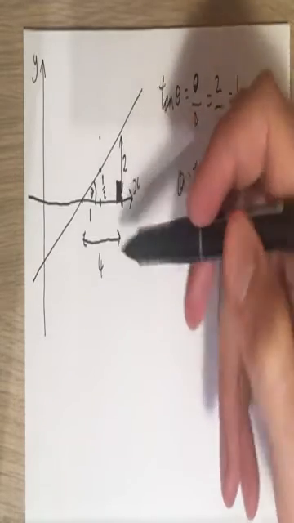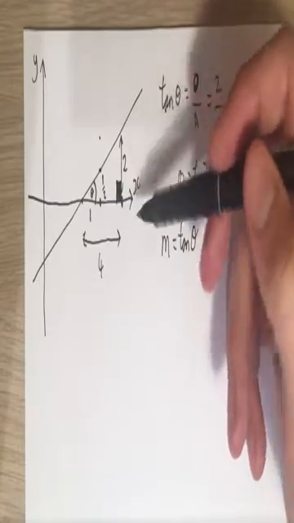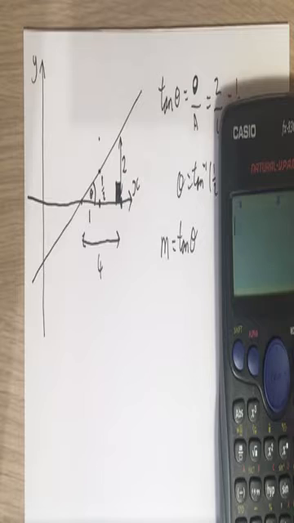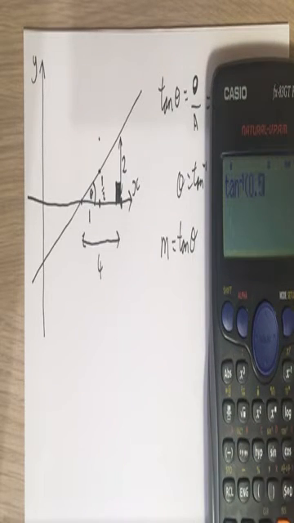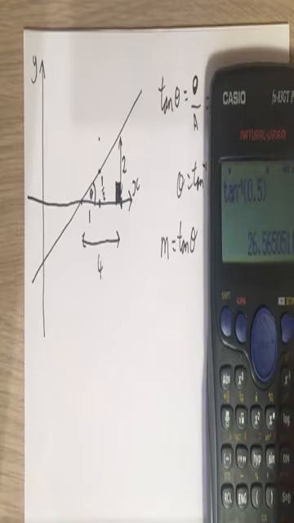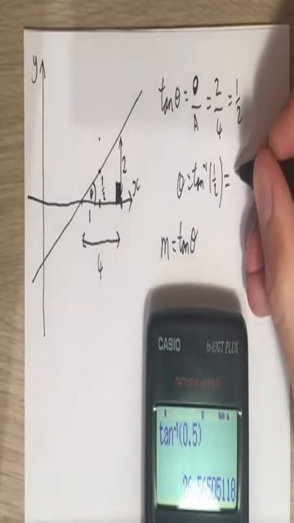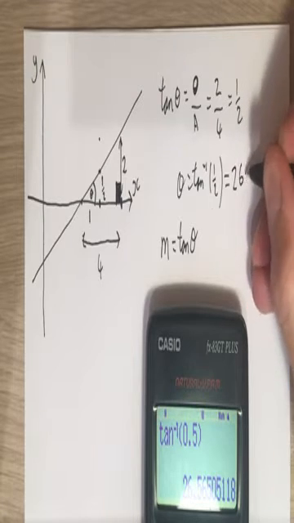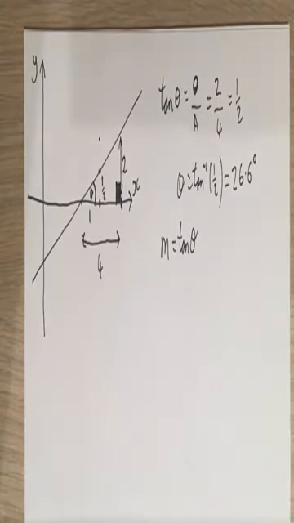So this angle here, how steeply I am going up, we refer to as the angle with the positive direction of the x-axis. If I get a calculator here, I can type in inverse tan of 0.5 to get a number. Here we go. In this particular case, my angle is going to be 26.6 degrees.